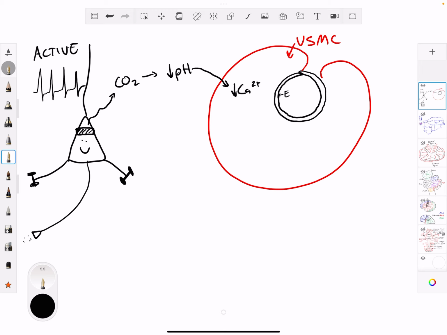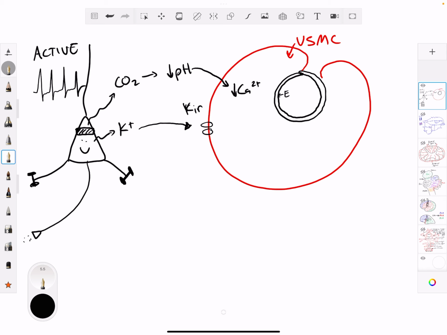All right. We're also spitting out potassium. So if we increase that amount of potassium here, that opens up potassium channels. KIR, potassium inward rectifying. It's just a name. Don't worry about that.